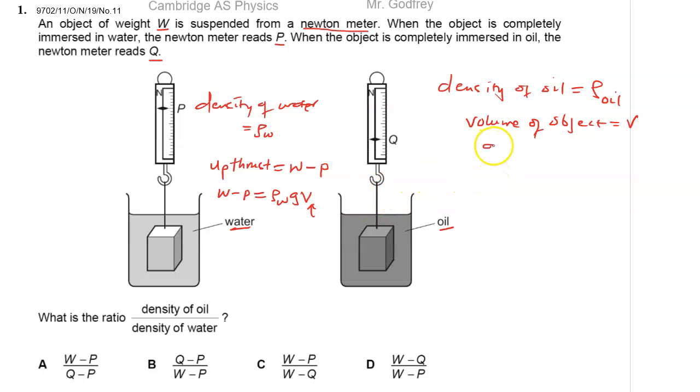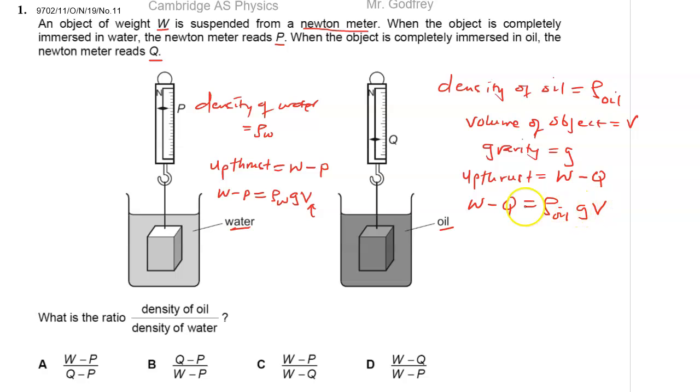Of course, g is gravity, acceleration due to gravity. And we know now upthrust, when it is immersed in oil, is still W minus the reading of the Newton meter in oil, which is Q. And therefore upthrust, which is W minus Q, is equal to the density of oil times g times V, the volume of the object.